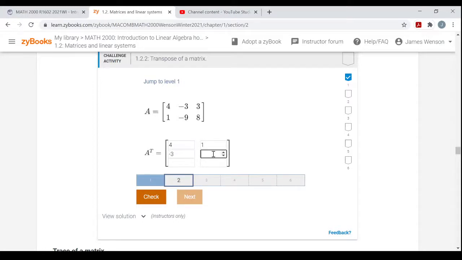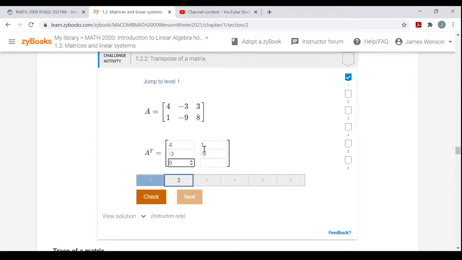The second row, second column of A transpose would be the second row, second column of A, right? The diagonal entries don't get moved. They don't change position. The third row, first column of A transpose would be the first row, third column of A.